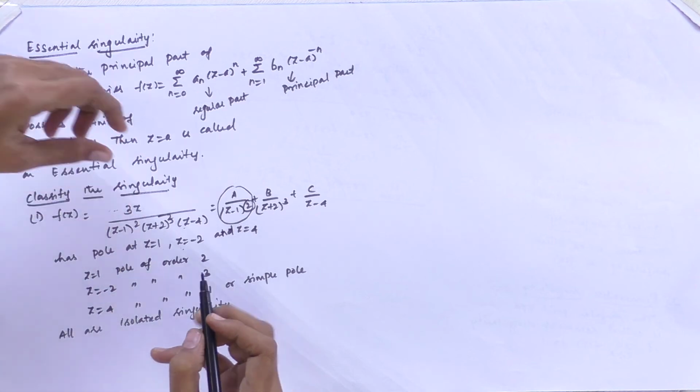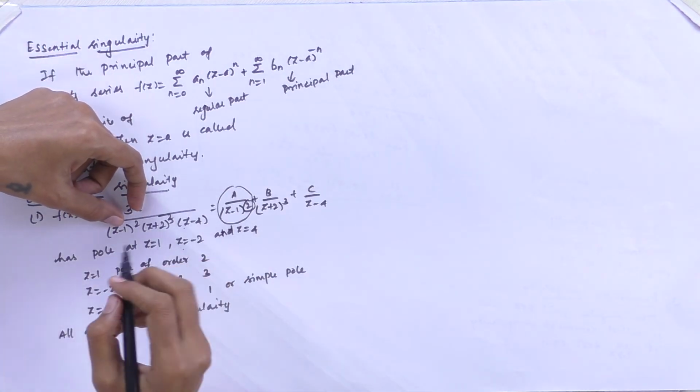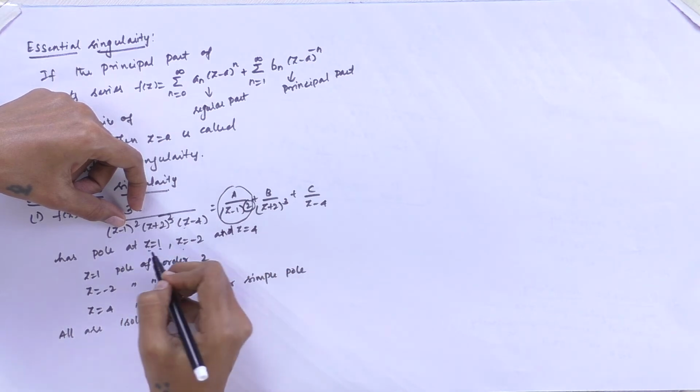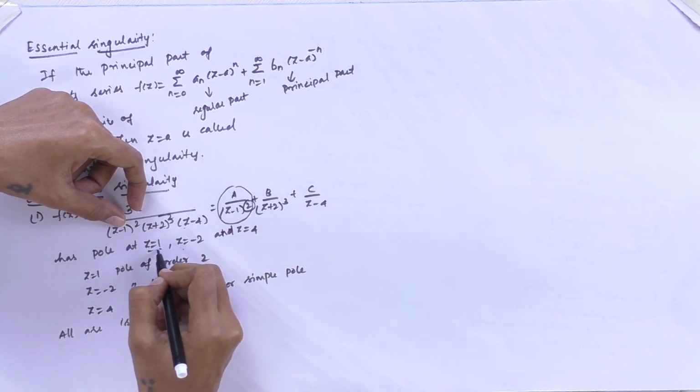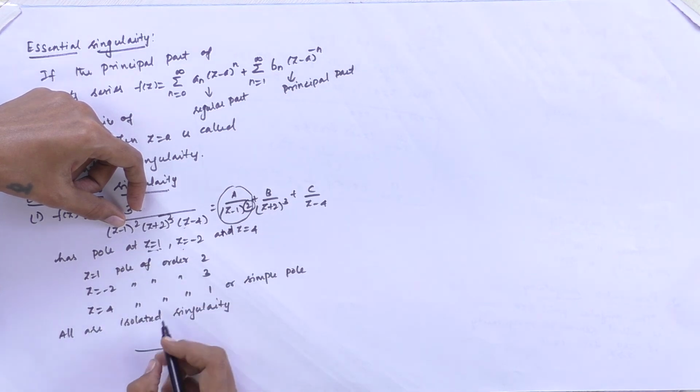The reason is that I can draw a smallest circle which contains only this singular point, no other singular point other than this. And also I can draw a smallest circle around z equal to minus 2 which contains no other singularity.